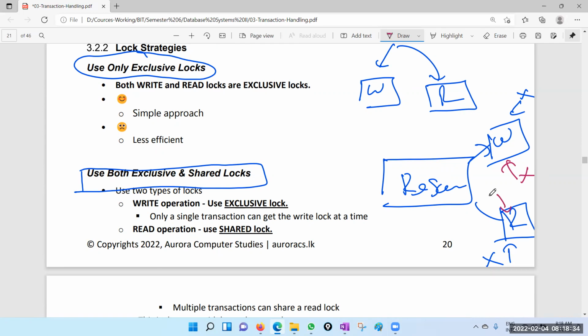That is the approach that we are going to discuss, because this is the more efficient approach. So the write lock is exclusive, whereas the read lock is shared.